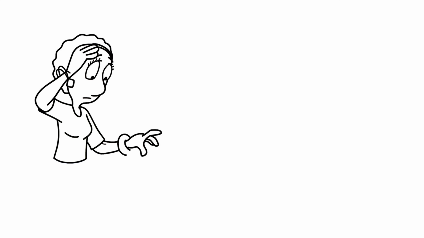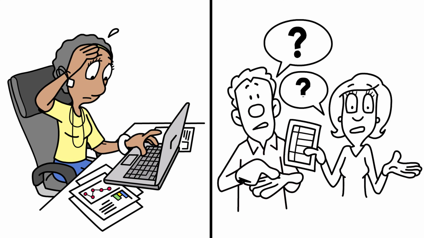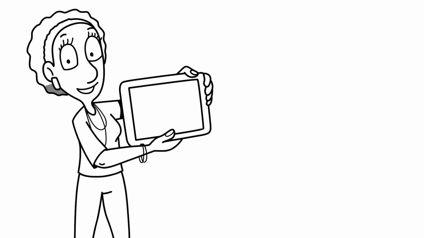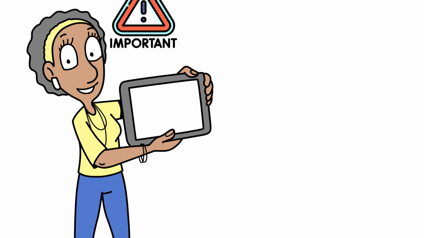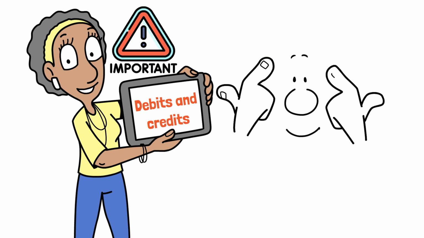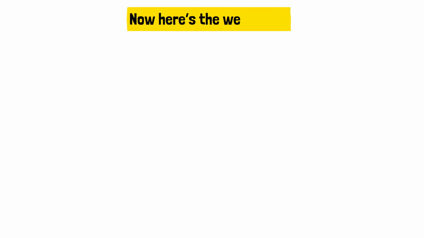If accounting has ever felt confusing or full of strange rules that don't make any sense, you're in the right place, because today we're breaking down one of the most important accounting concepts of all time, debits and credits, in a way that actually clicks. Now here's the weird part.